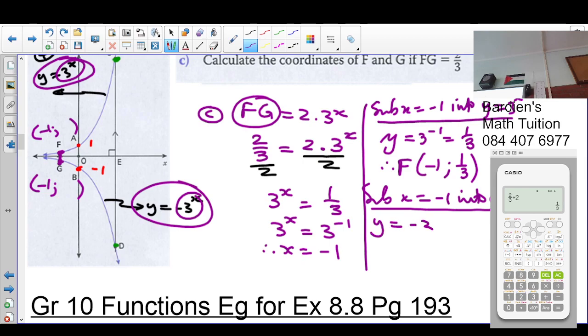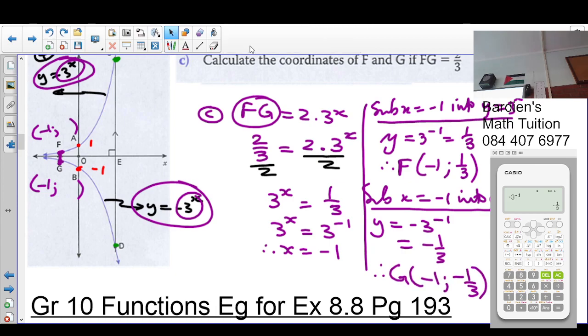Y is equal to negative 3 to the negative 1, which is negative a third, not so? It's negative. Negative 3 to the negative 1 is negative a third. So therefore, G is negative 1 and negative a third.